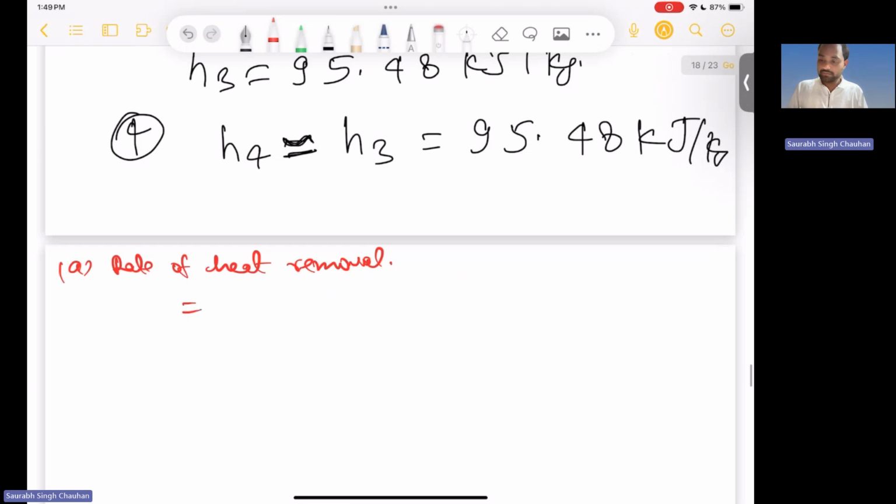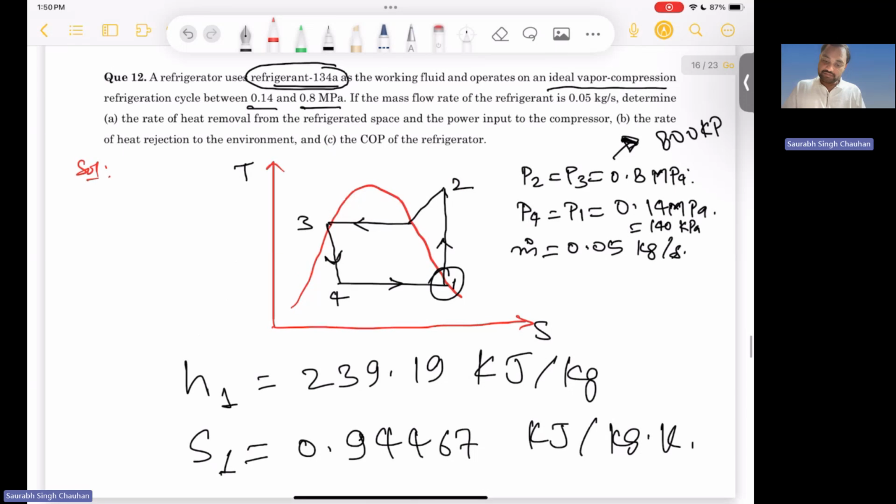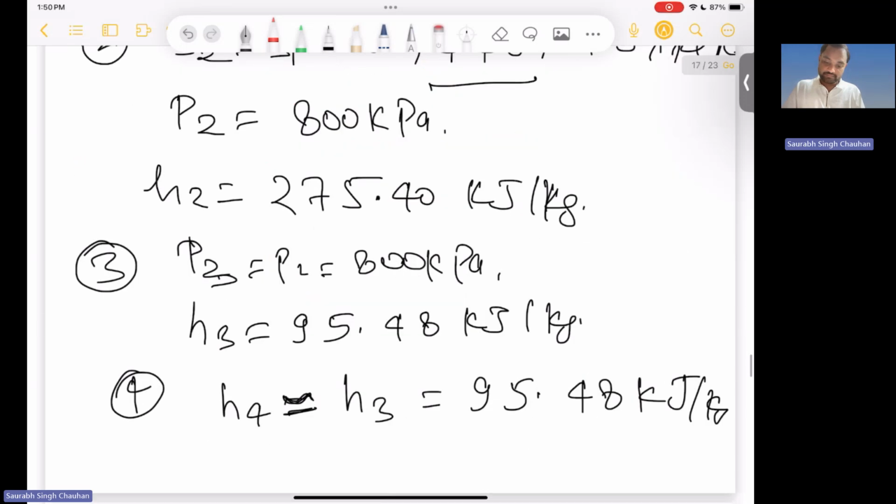So rate of heat removal will be equal to m dot times h1 minus h4. M dot is given in the question. This is 0.05.